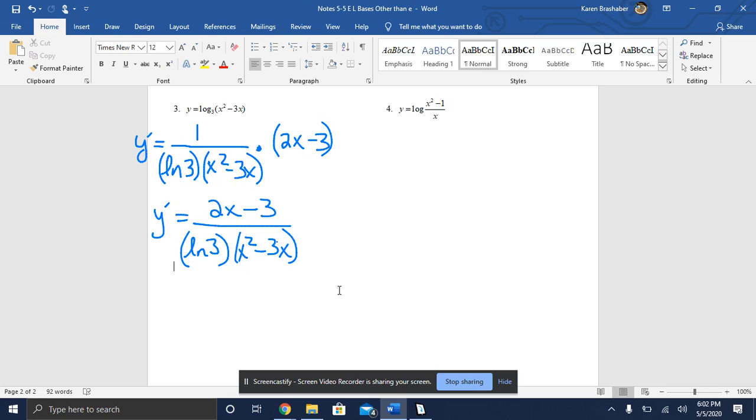Now the second one, number 4, we have y equals the log of x squared minus 1 over x. And so you may think we need to do the quotient rule, which could be done, but I would rather that you think to rewrite this.